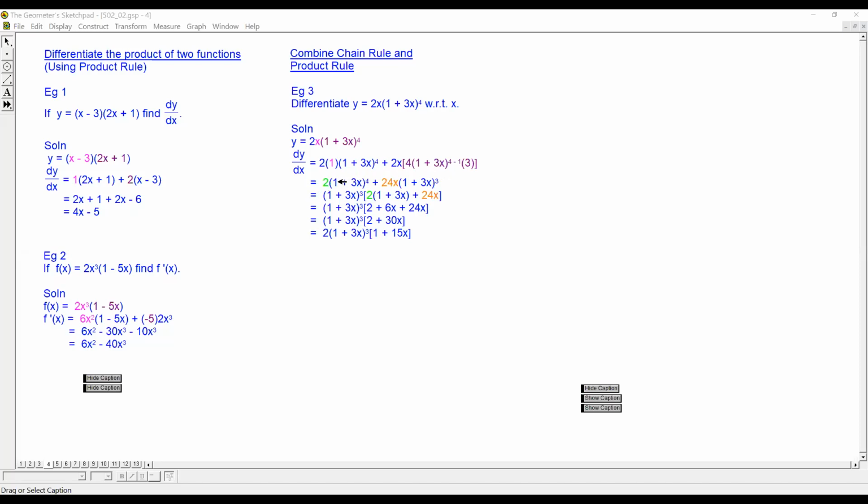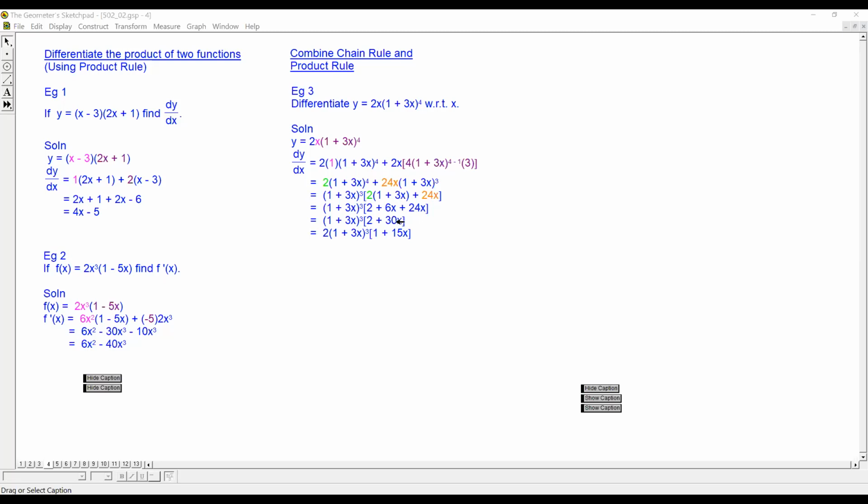Whereas here you take out x to the power of 3, you are left with to the power of 1, and the 2 you didn't take out, so the 2 is still inside here. So I expand the inside. 2 times 1, 2. 2 times 3x, 6x. The 24x copy back the same. So it's 2 plus 30x.